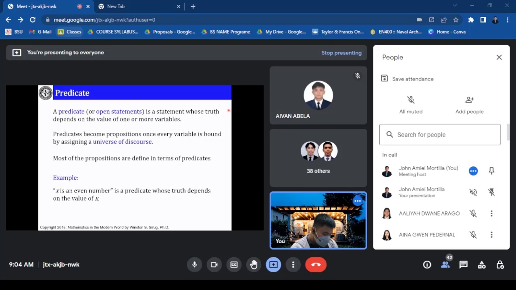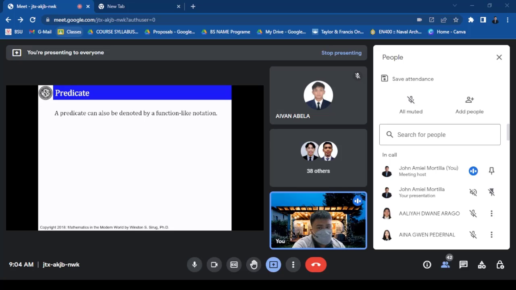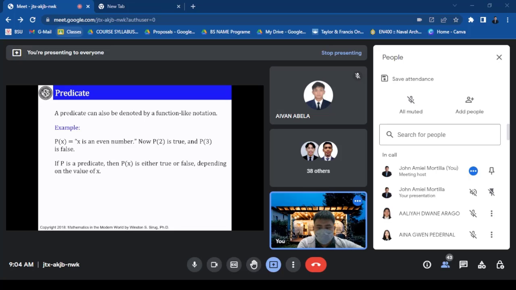So the value of x should be an even number. What if x is 1? The statement is false. So, a predicate can also be denoted by a function-like notation. So, this is it. P of x is equal to x is an even number. So, now, P of 2 is true and P of 3 is false.